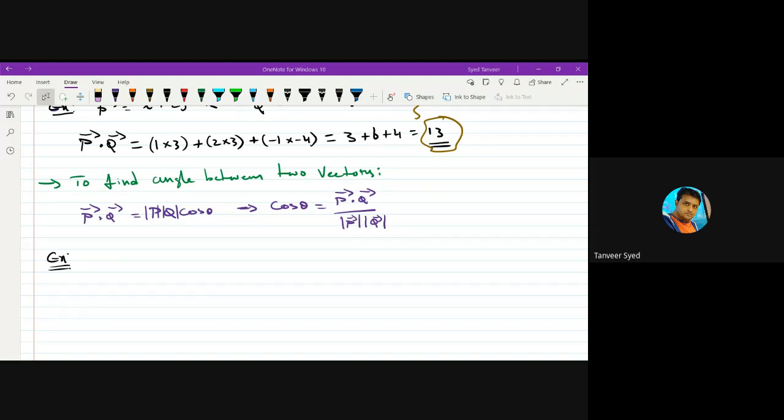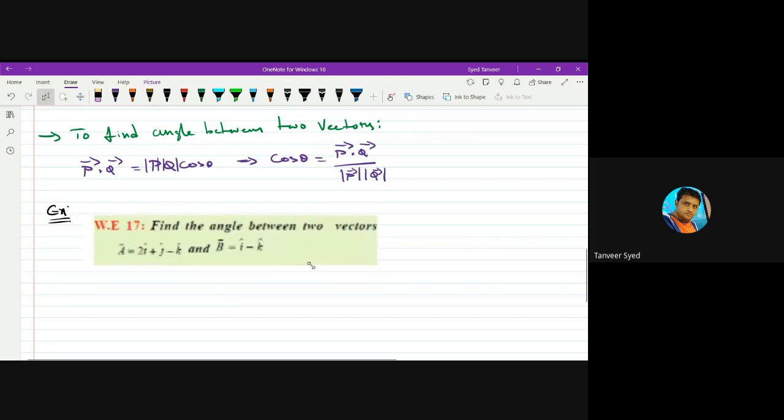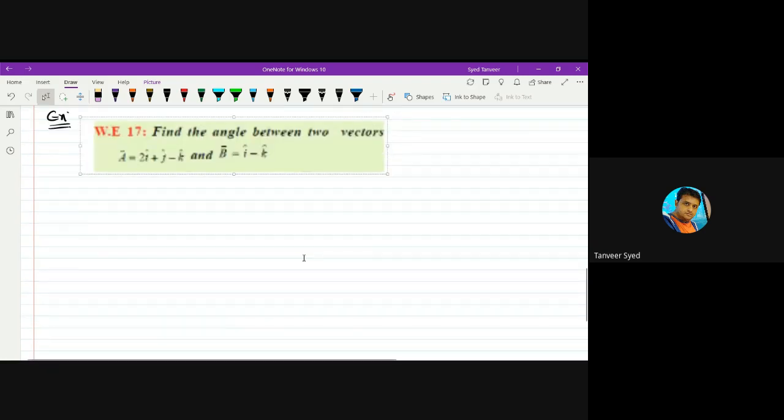Find angle between two vectors A, 2i plus j minus k, and B, i minus k.